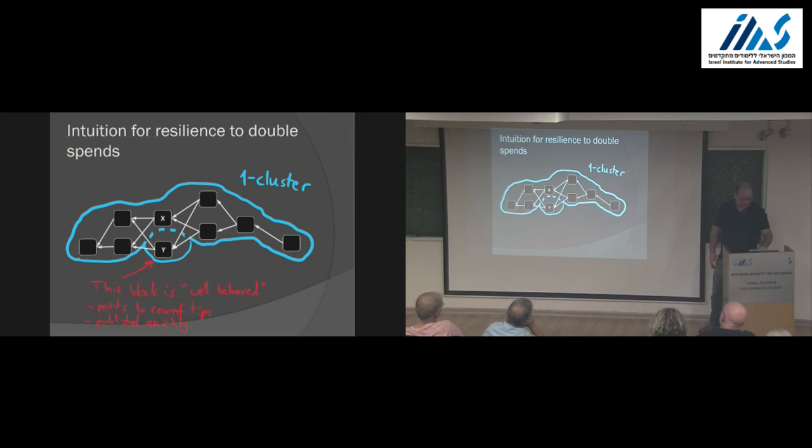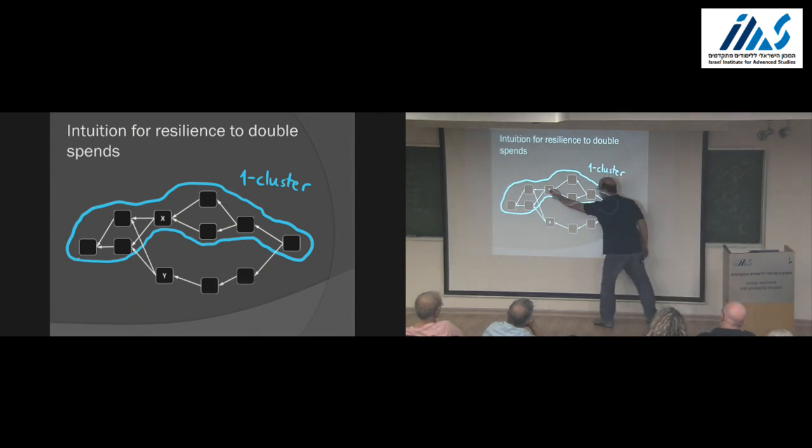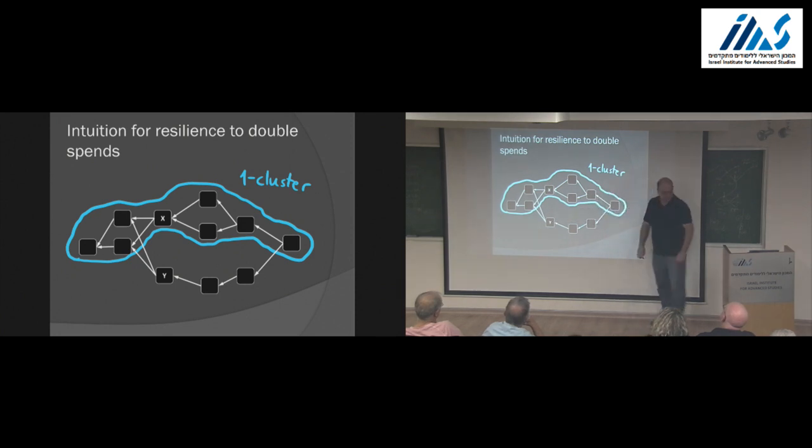So what you should consider in terms of attack is something where I see this, and suddenly, after I waited a while, some new set of blocks appears with a double spend. Nobody knew about it. That means there are no arrows from honest nodes to any of these. This was mined in secret in some sense.